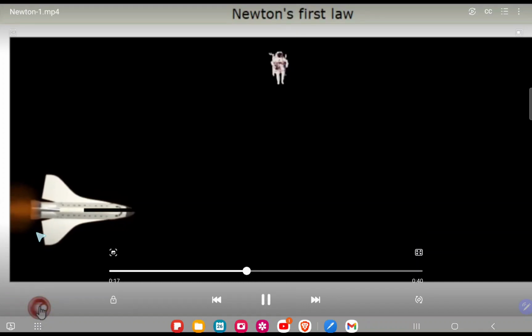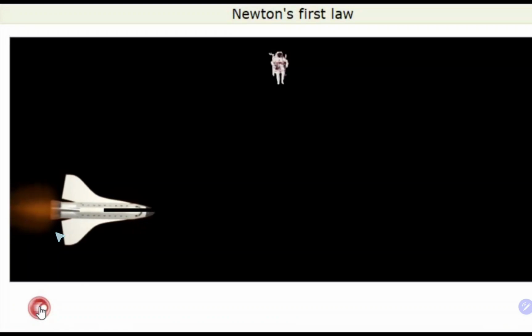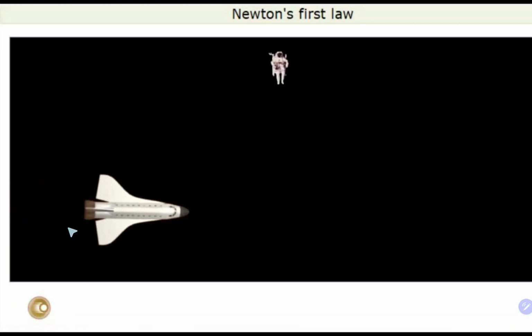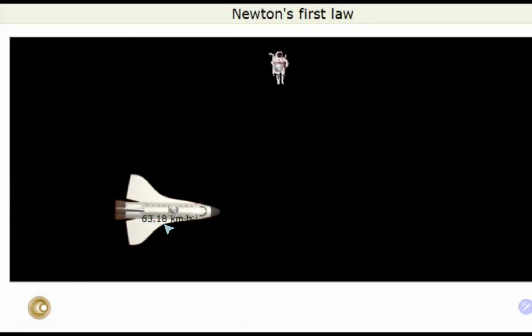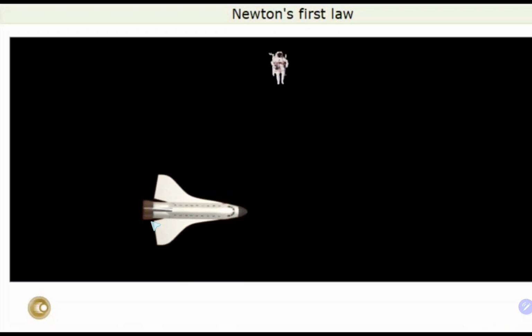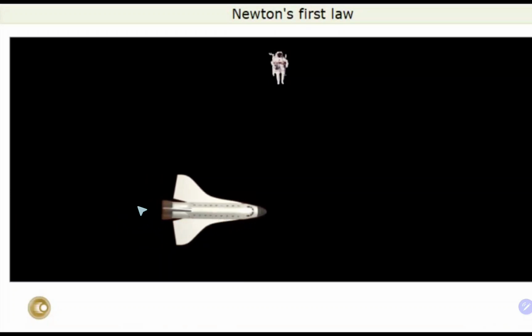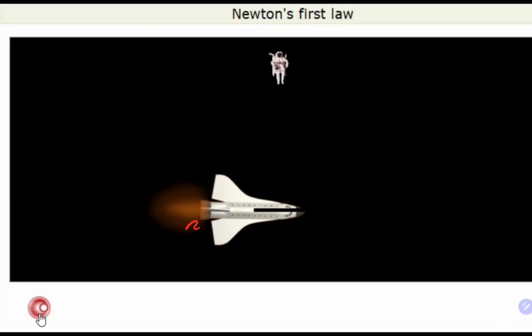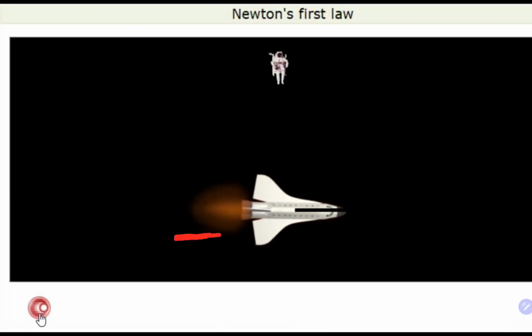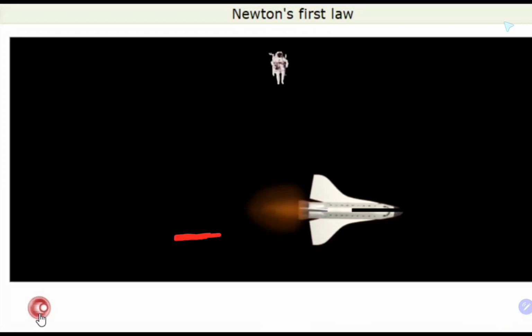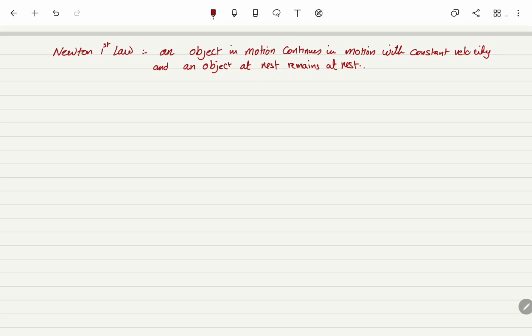Once a thrust force acts on the shuttle, its status is changed from stationary into moving because of the thrust force. Again, a moving object will continue in motion with constant velocity and a stationary object will remain stationary.